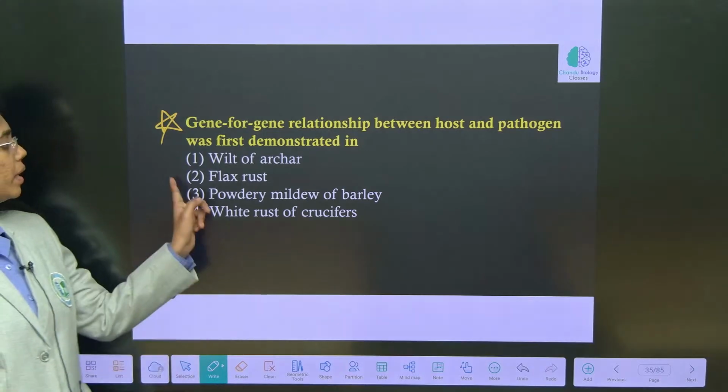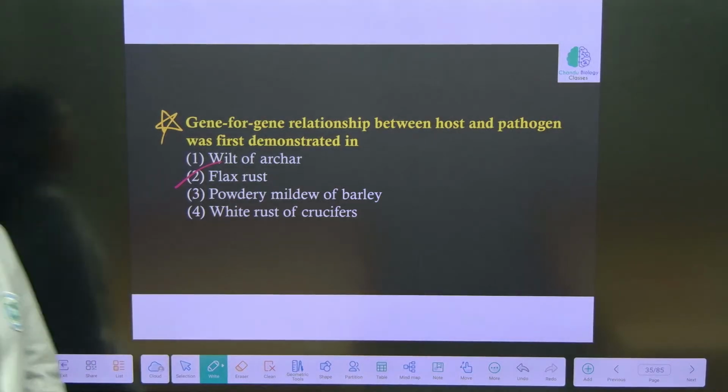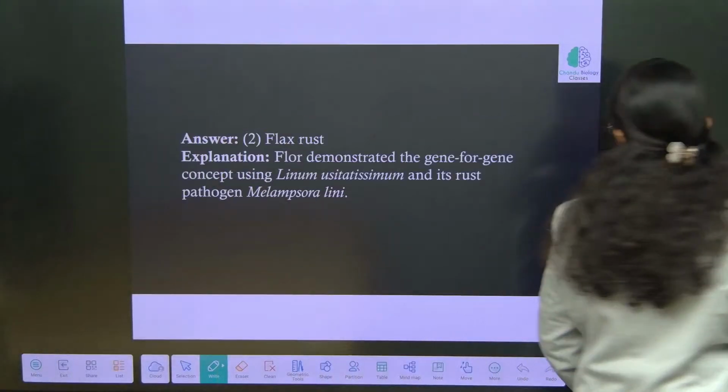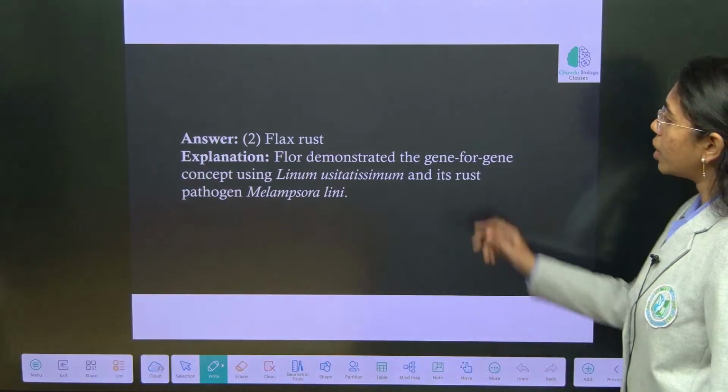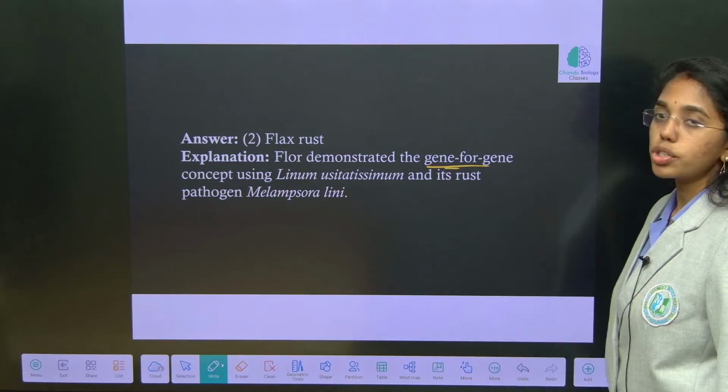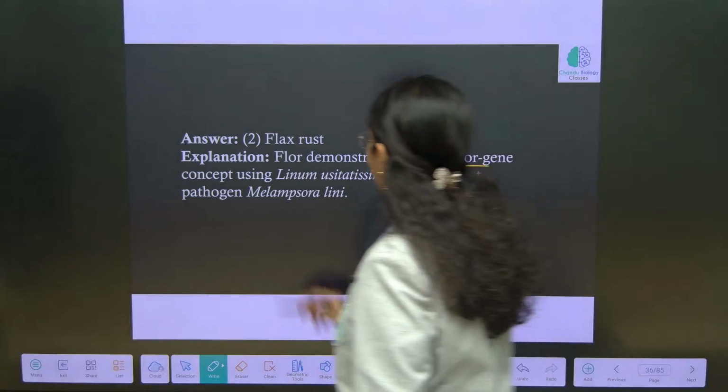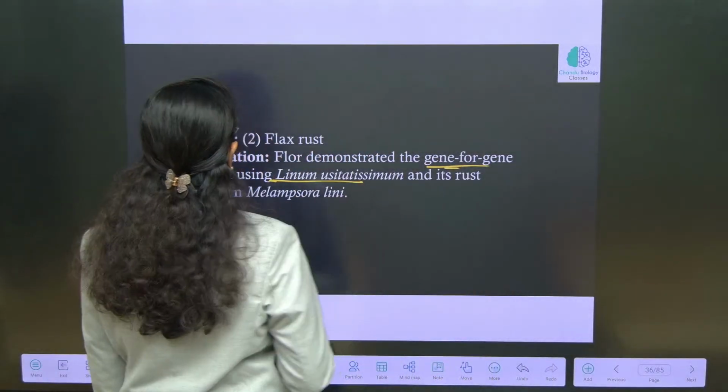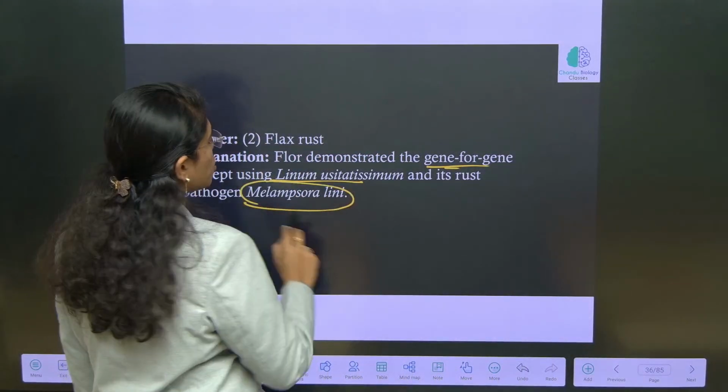Answer here will be flax rust. Let us see the causative organism and the pathogen. It demonstrated the gene for gene relationship concept using Linum species, and its rust pathogen is Melampsora.